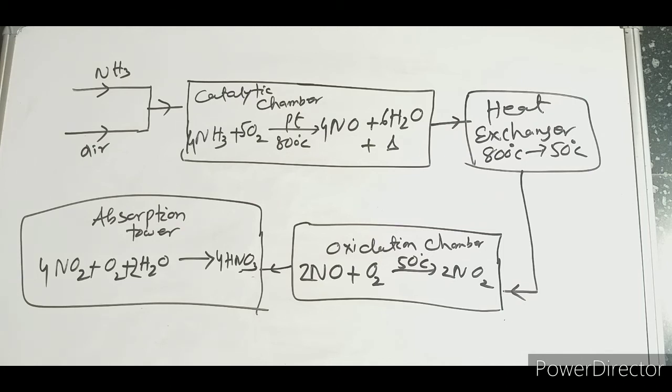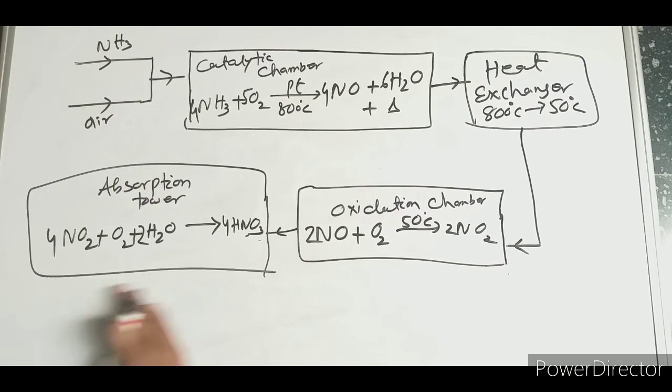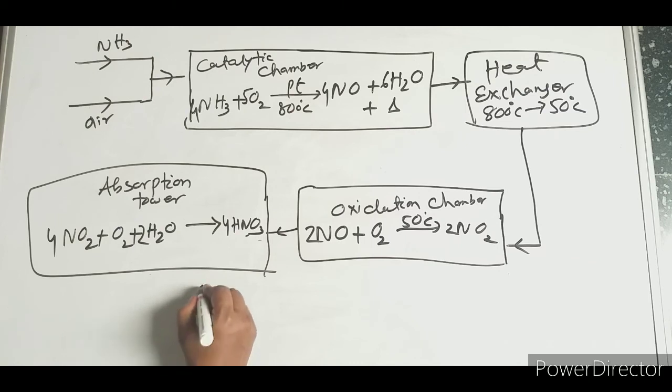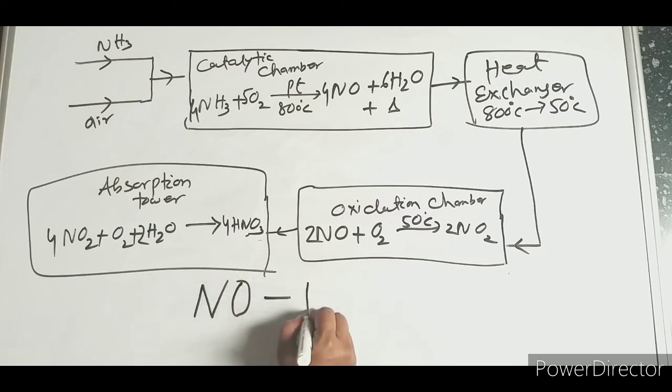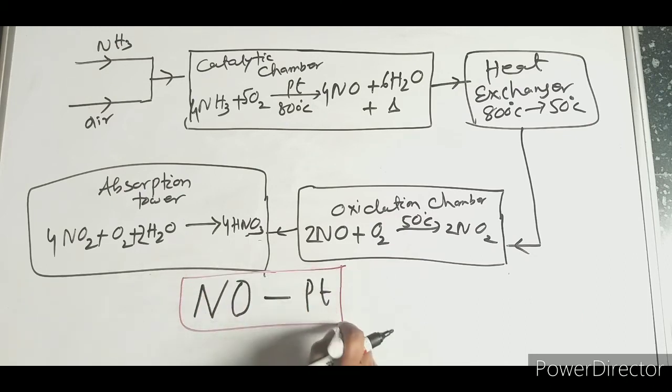Okay, this is the flow chart of nitric acid, the Ostwald process. Let me tell you one trick to remember it: no PT. Remember this, no PT.